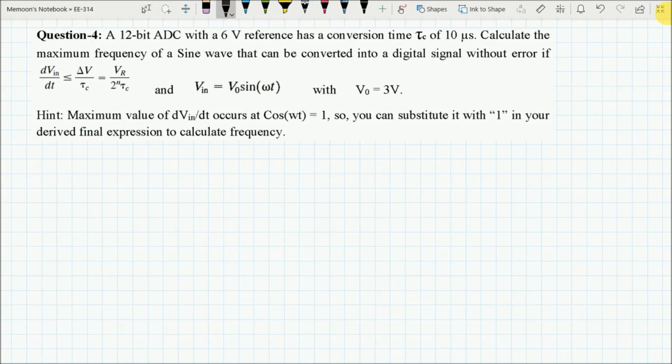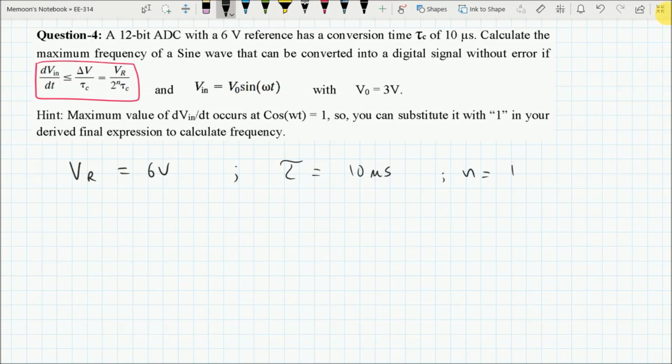And this is the formula of the limits that defines the maximum frequency of your change in input with your conversion time and your step voltage delta V. So now our VR is equal to 6 volts as the given reference voltage. Tau C is equal to 10 microseconds, that is again given.